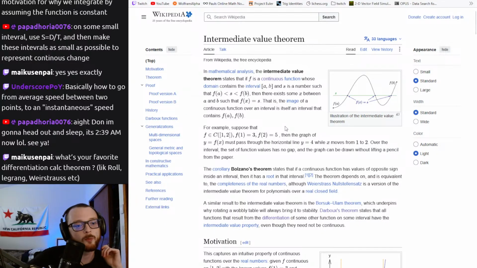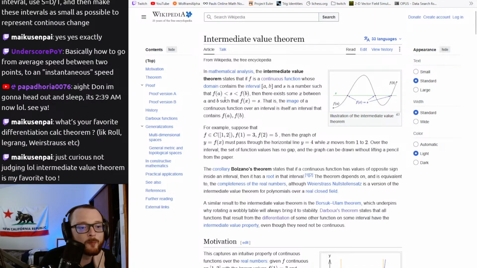So if a function is continuous, it has to attain, at a minimum, every value between f of a and f of b. Oh yeah, no, I know you're not judging.